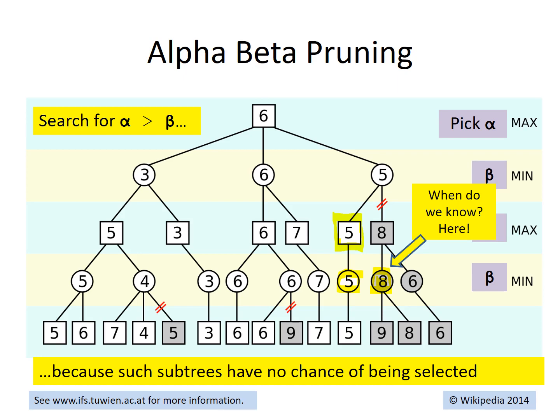Since he or she already managed to push you down to a value of 5 in another option, it is at this exact position that your opponent knows that this whole subtree is something that will never play, will never happen.